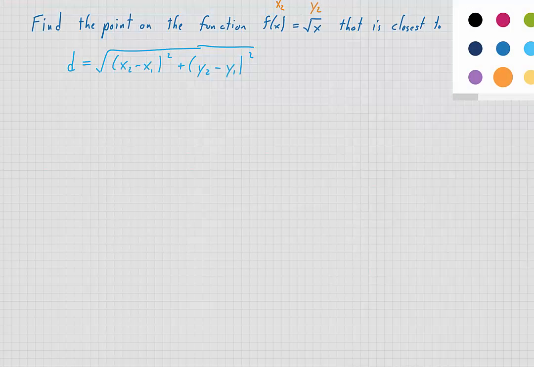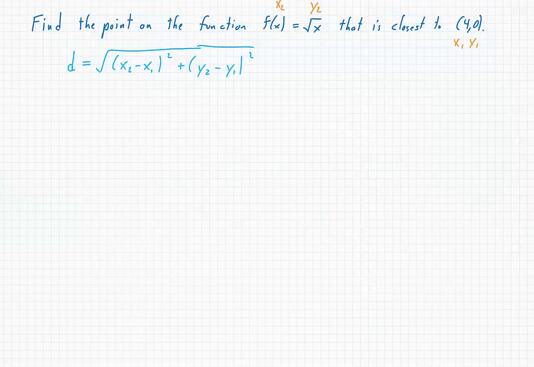So if we substitute those values in, we're going to get d is equal to the square root of (x minus 4) squared plus (square root of x minus 0) squared.